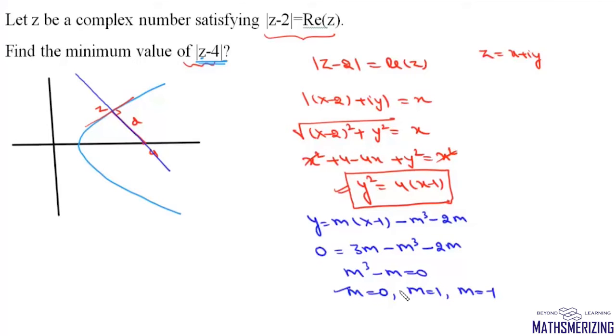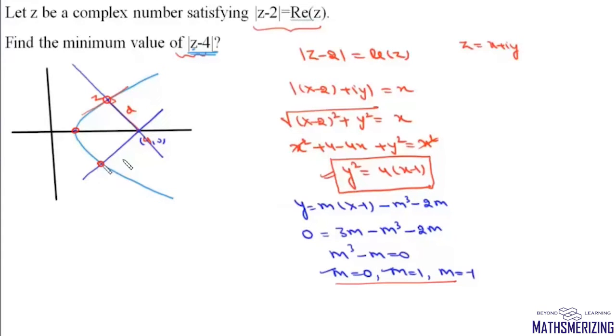Now 3 normals can be drawn from this point (4, 0). We need to find the shortest distance from this parabola, so we'll write the foot of all the 3 normals. We know that the foot of normals is given by (am square, minus 2am) for a parabola which is y square equals 4ax.